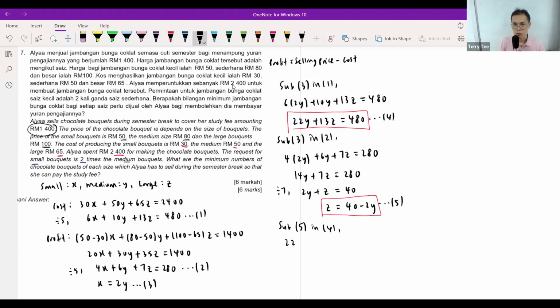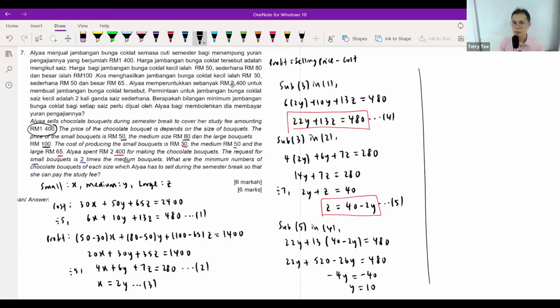You have 22y plus 13 times 40 minus 2y equals 480. Let us simplify this. 22y plus 13 times 40 is 520, 13 times 2y is 26y, equals 480. 22 minus 26 is negative 4y. 480 minus 520 is negative 40. So my y is just 10.